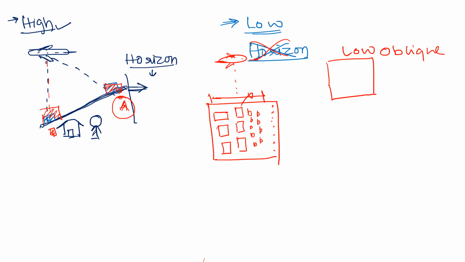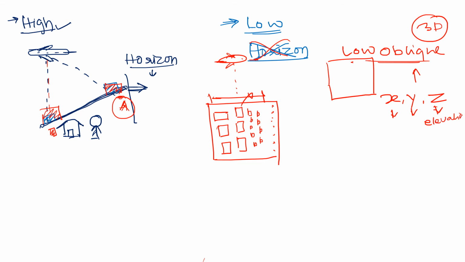We go for low oblique photographs because, as I said, this has a bit of 3D perspective. Along with x, y, that is lat, long, it can give you the z, that is elevation also.